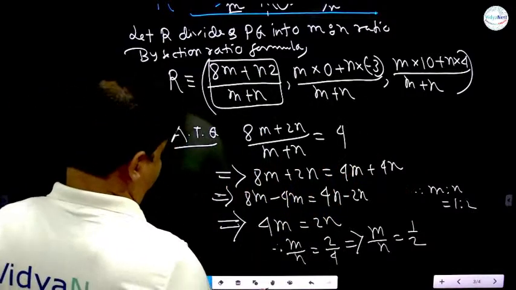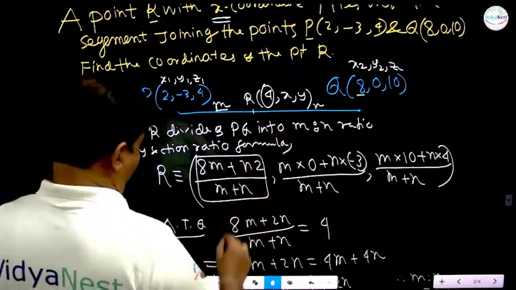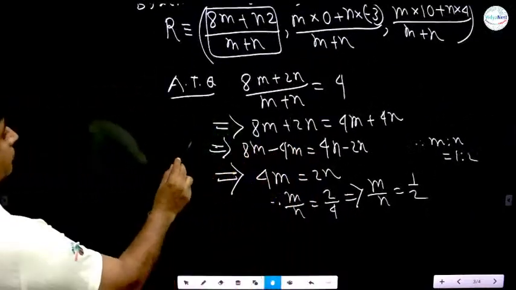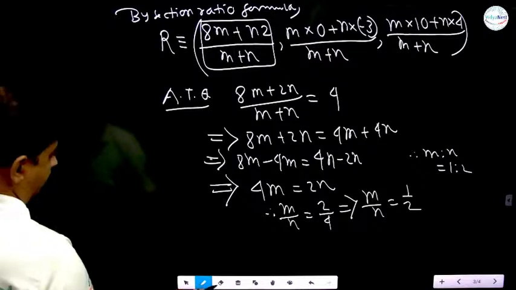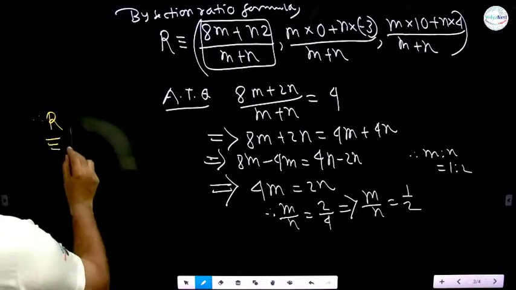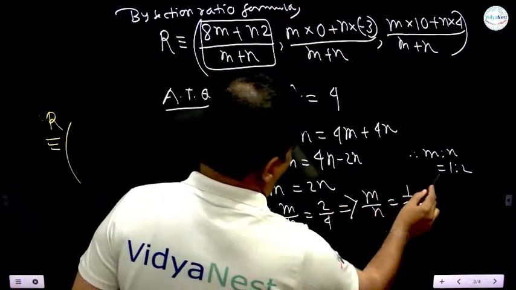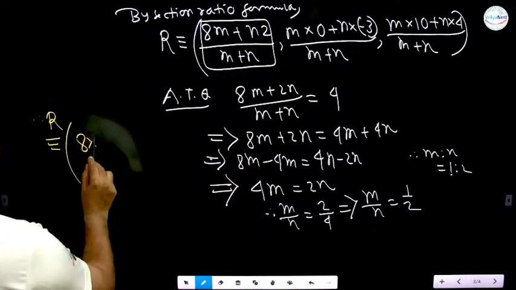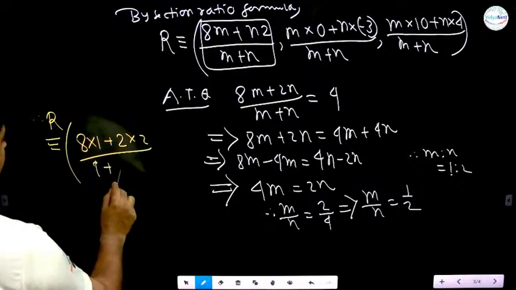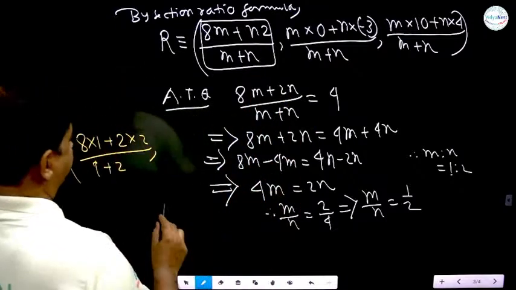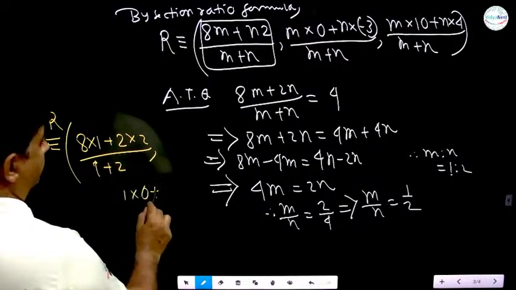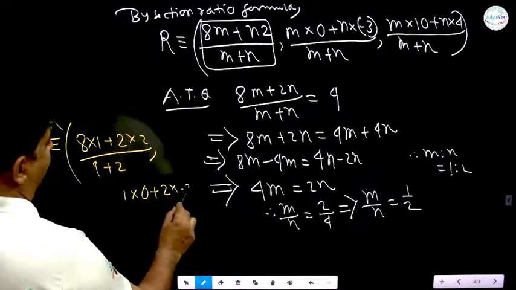Therefore, we are told to find R. Eight m, what is m? 1. 2 into 2 by 1 plus 2. M into 0, n, 2 into minus 3.